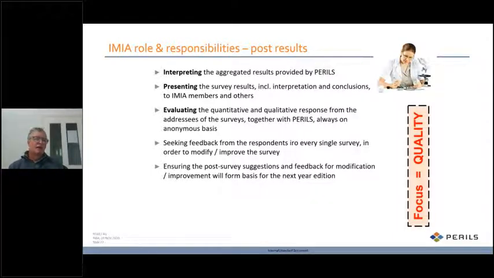So this final stage is basically dedicated to quality. What can we derive as conclusions from the results, and what can we improve in view of the next year's edition of the survey?